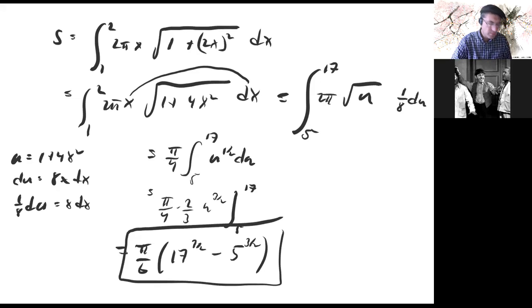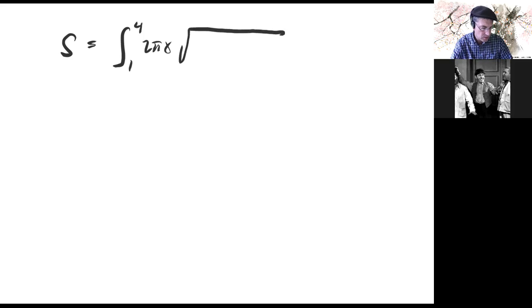You know what? I think I'm going to actually do method 2 just for the sake of completeness to show you that it's not much harder. It's just a little more algebra. So let me clear the screen. Recall this is the integral from 1 to 4 of 2 pi x times the square root of 1 plus (dx/dy) squared. X was the square root of y, so dx/dy is 1/2 y to the minus 1/2.